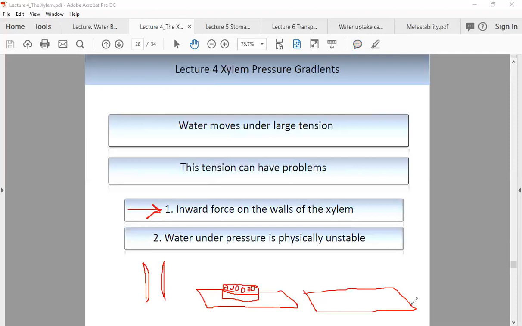Now, if I was a bit too slow, which is quite possible, this is what would happen. So here, what I'm trying to draw now is just the xylem vessel elements. We've got them in bundles here.